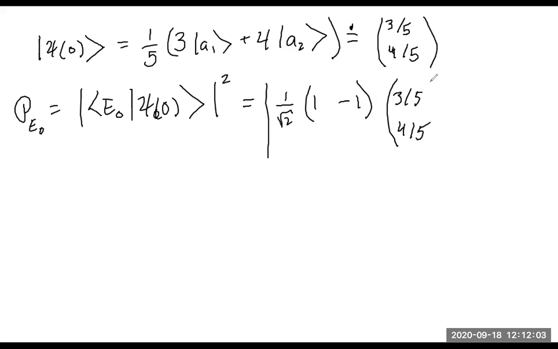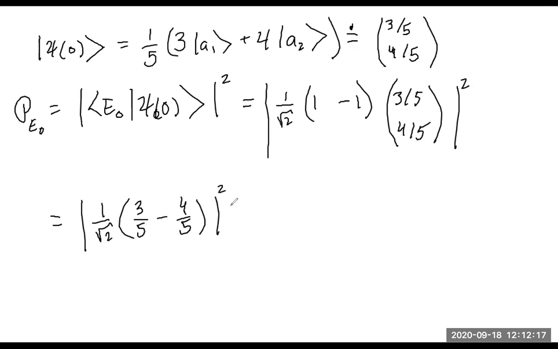So this is 1 over the square root of 2 times 3/5 minus 4/5, quantity squared, which is 1 over the square root of 2 times minus 1/5, quantity squared.